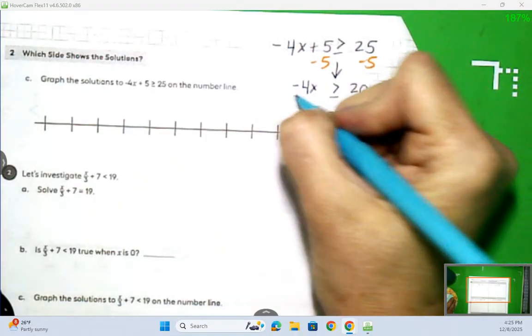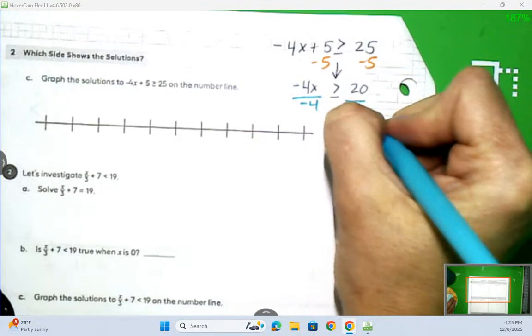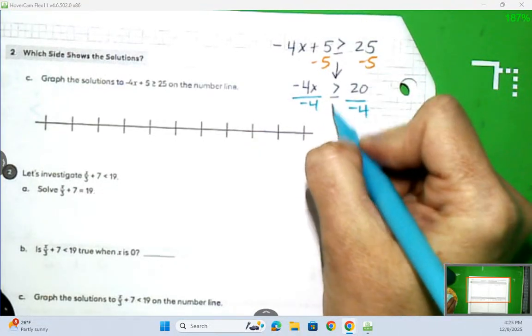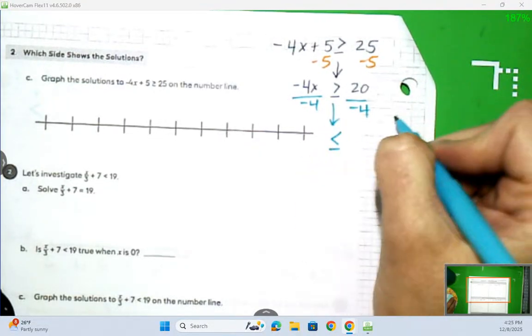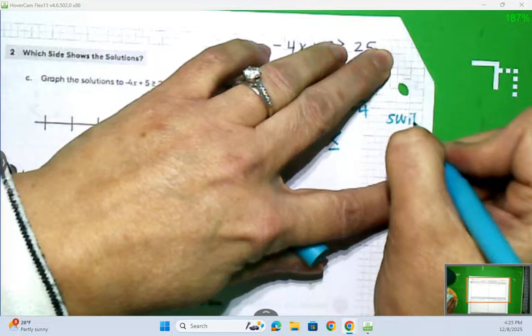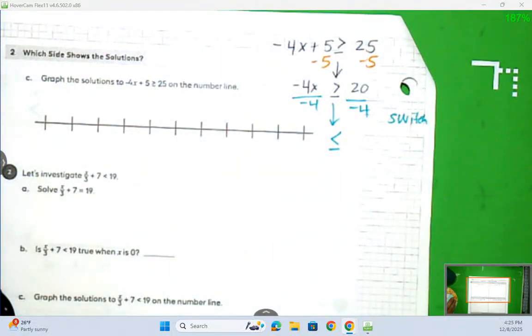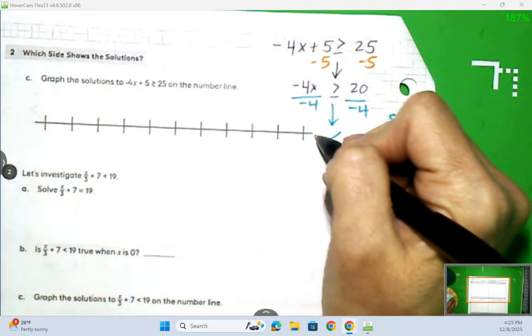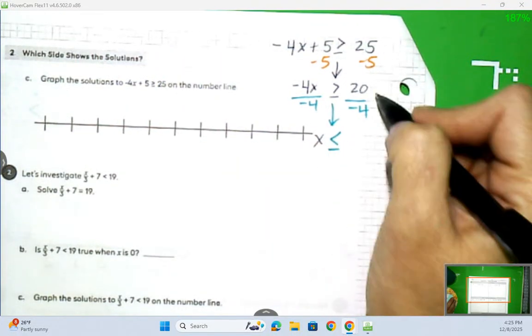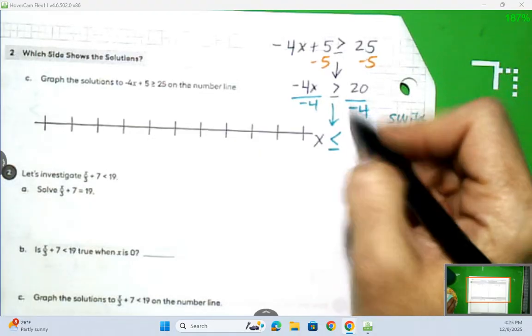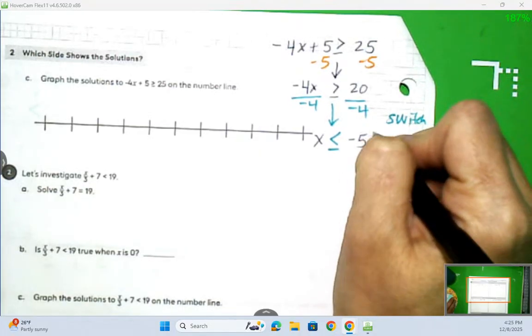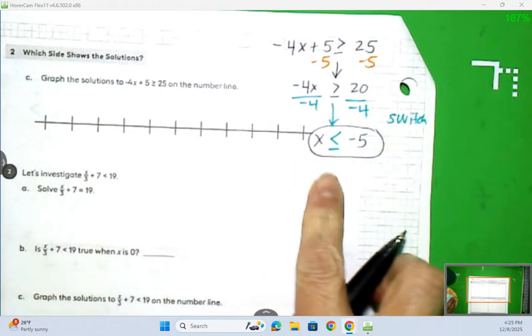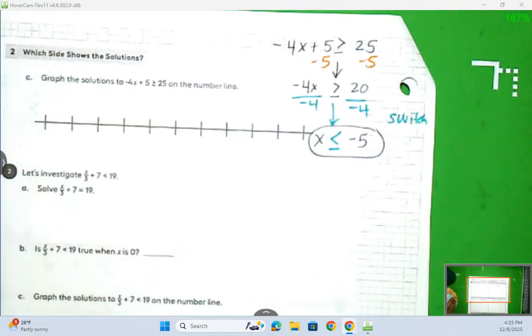And then when we divide by a negative 4, remember when you're dividing by a negative, your inequality has to switch direction because dividing or multiplying by a negative means opposite. So we're going to have x is less than or equal to, and 20 divided by negative 4 is negative 5. You'll notice that's what we came up with on the previous page, but this is why that works.